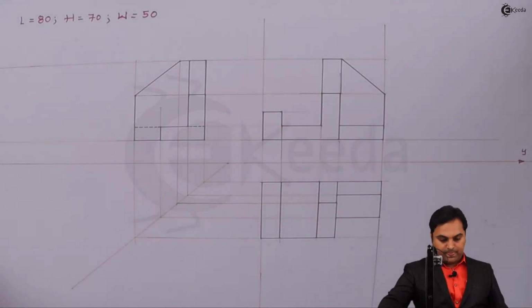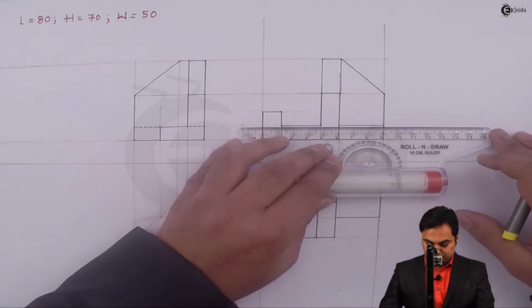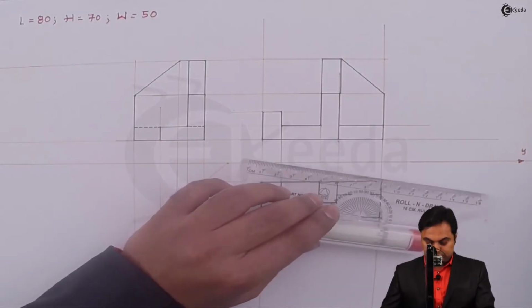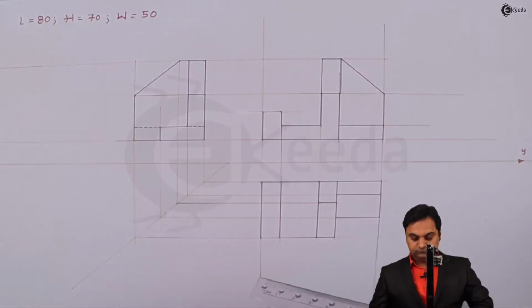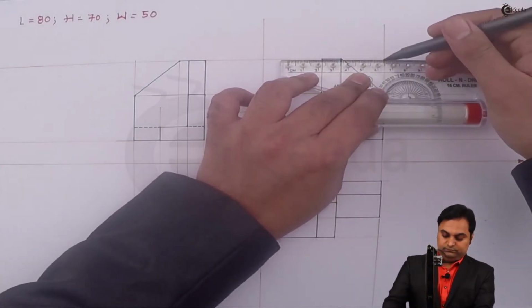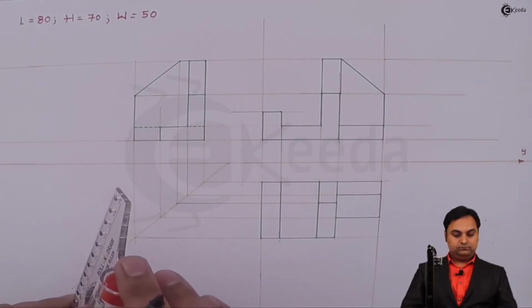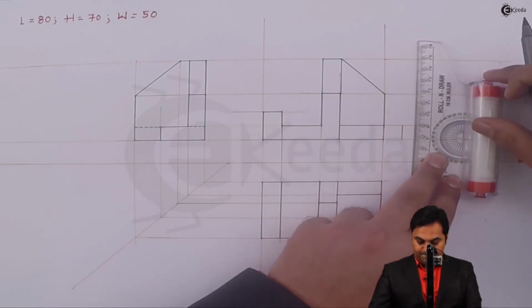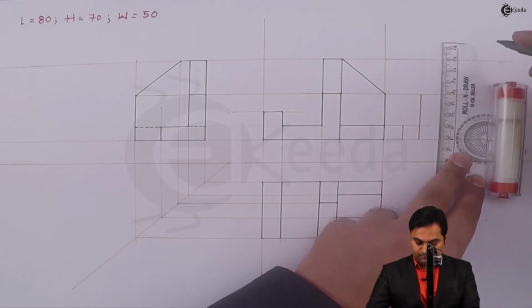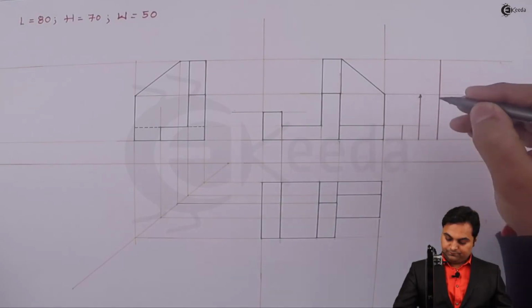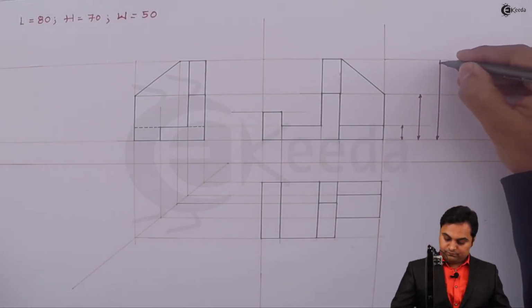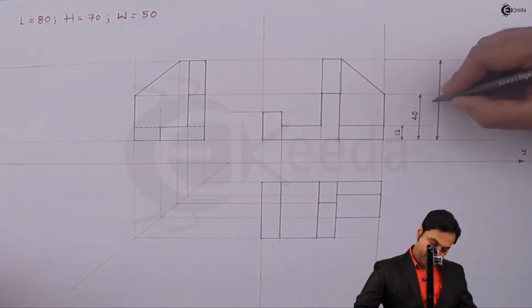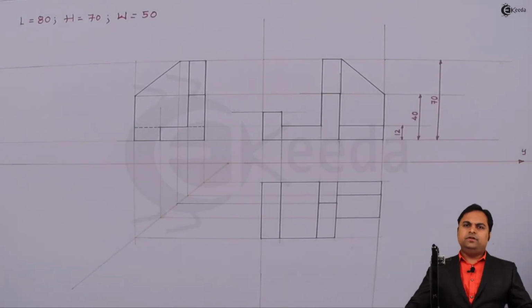Next, here I'll give the dimensions. So starting with the front view first. This is the continuation of the problem.